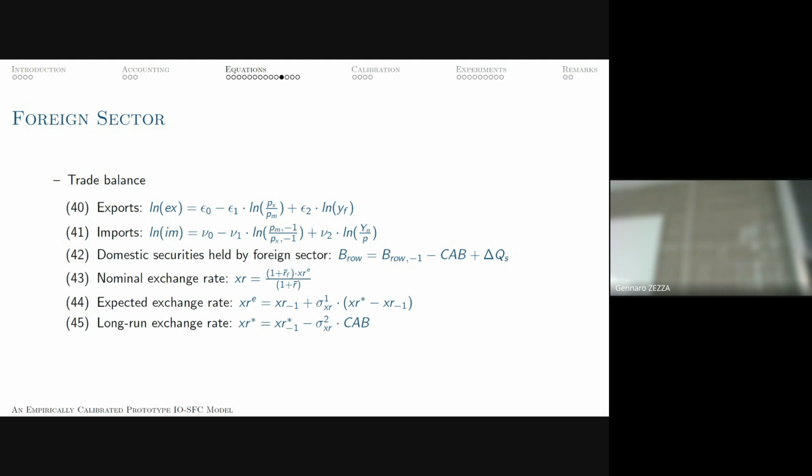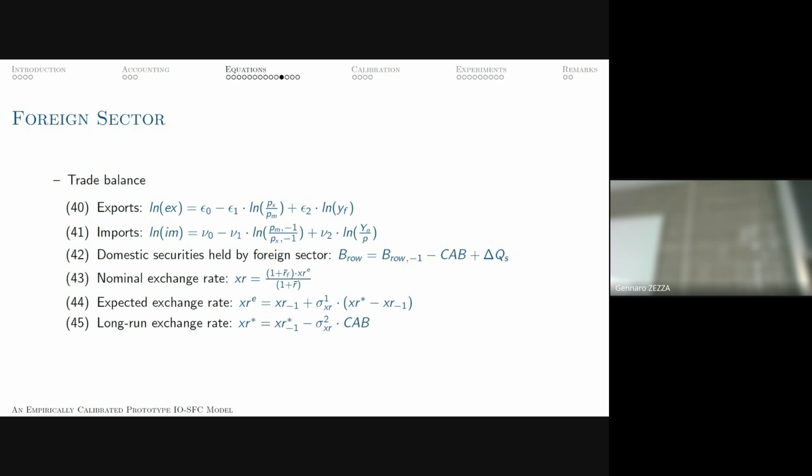The idea, which can be exploited for other countries, normal countries which are not in the monetary union, is that the exchange rate depends on the interest rate parity condition. So interest rates must be leveled across countries, and it also depends on the expected exchange rate.